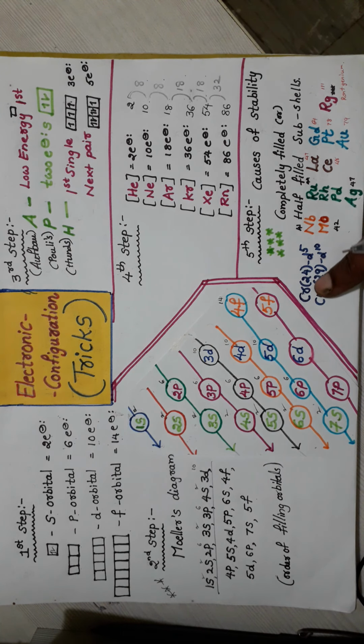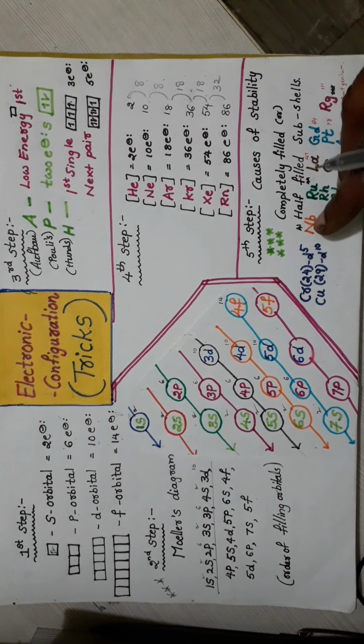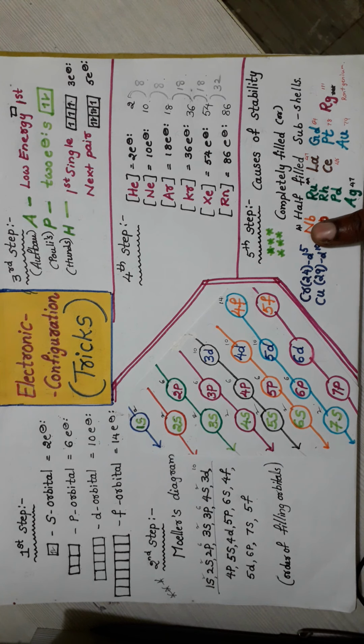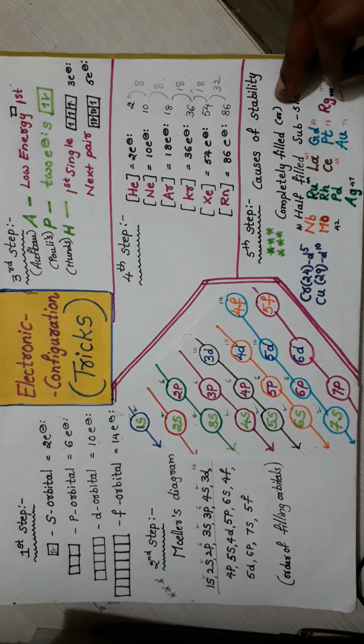For example chromium, 24. In general form we would write 4s2 3d4, but this is the exceptional case. Here we have to write 4s1 3d5. I will tell right now how it is possible.